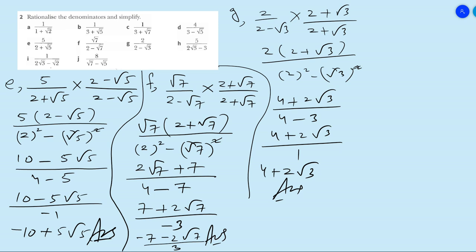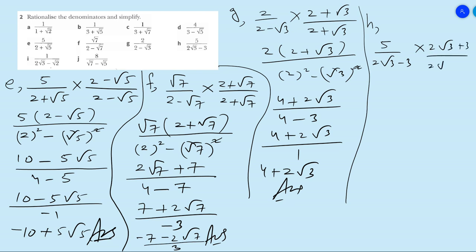Come to part H. Part H is 5 upon 2 root 3 minus 3. Multiply it by 2 root 3 plus 3 upon 2 root 3 plus 3.